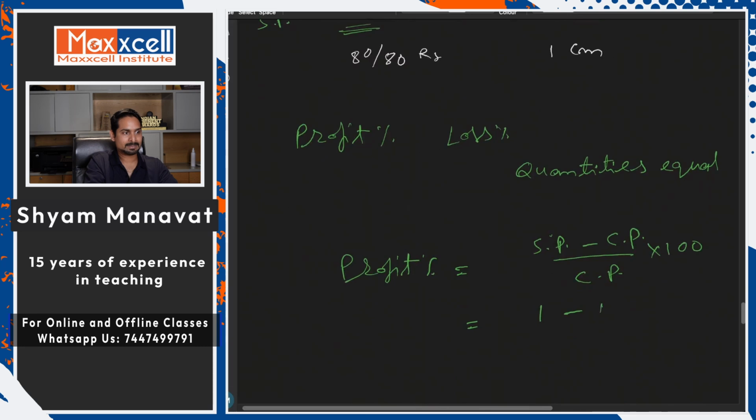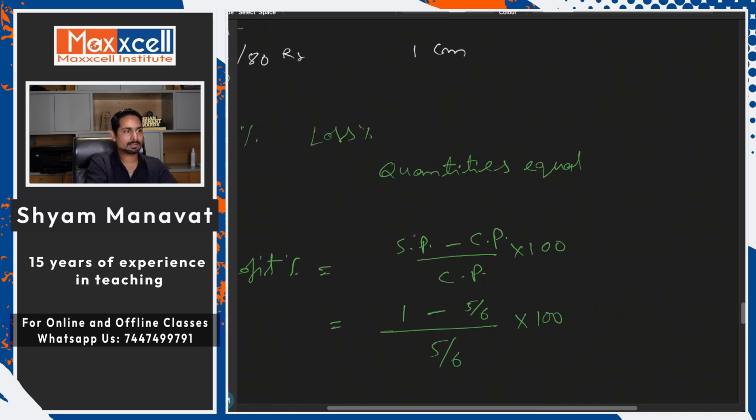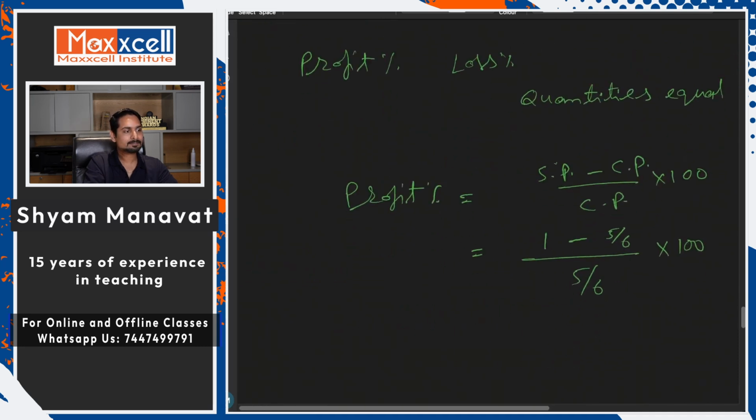That means 10 by 12, or I can simplify further and say 5 by 6. Will it work or not? Tell me quickly. 100 by 120, can I say this is 5 by 6? Yes.